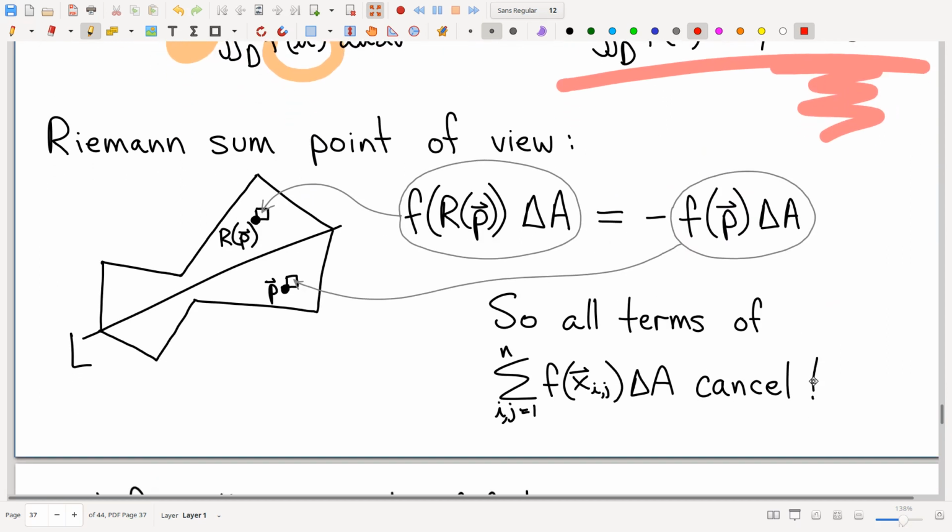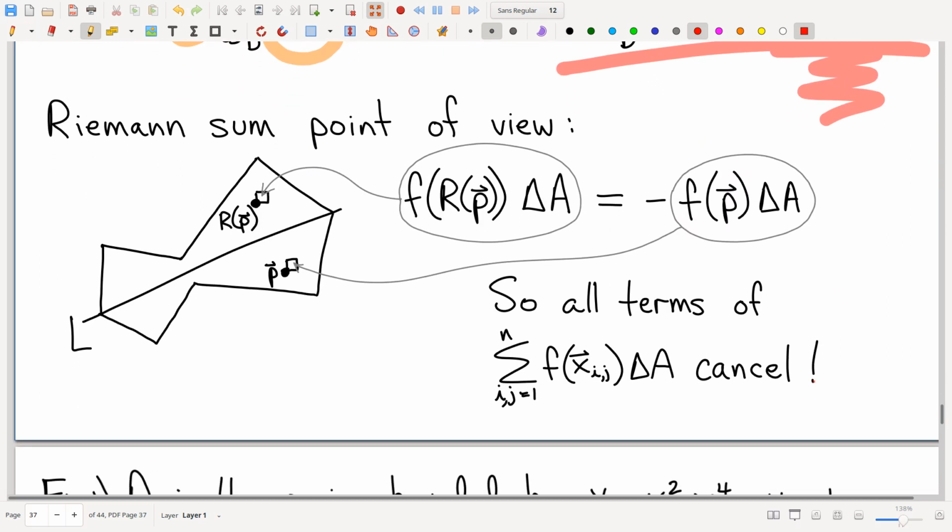And then analogously, here's a Riemann sum point of view. If you don't like the substitution change of variables point of view, if you have a symmetric domain, and this was my attempt to draw a generic symmetric domain, then you're going to have this term in the Riemann sum.